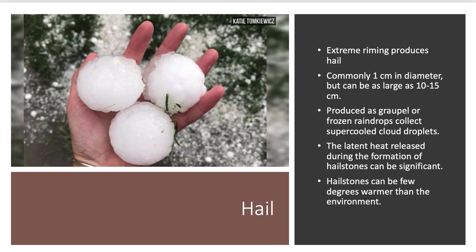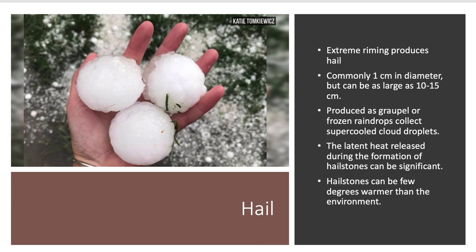Hail is formed by extreme riming, when there's a lot of riming happening within the cloud. Hailstones are typically really, really large. They can go from anywhere from 1 centimeter to 10, 15 centimeters in diameter.